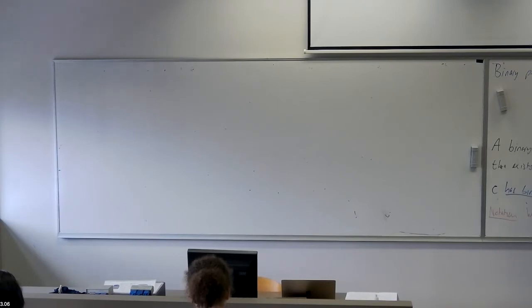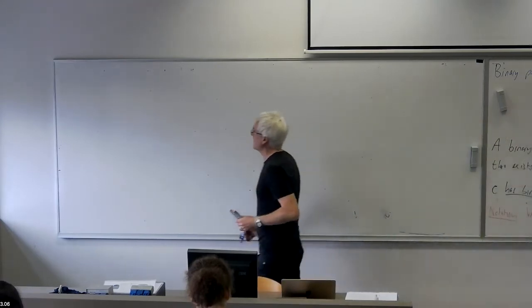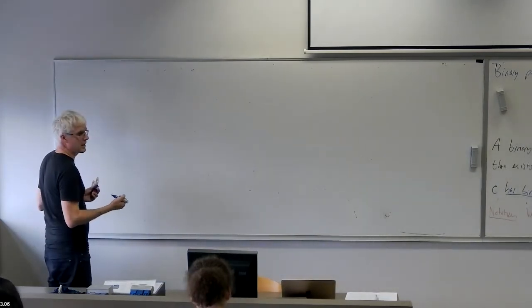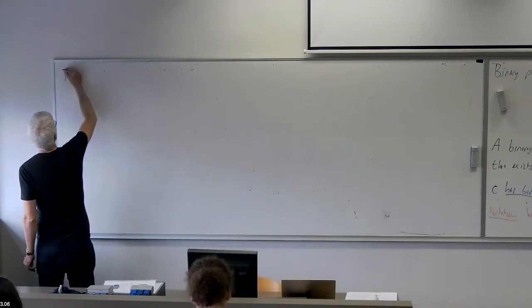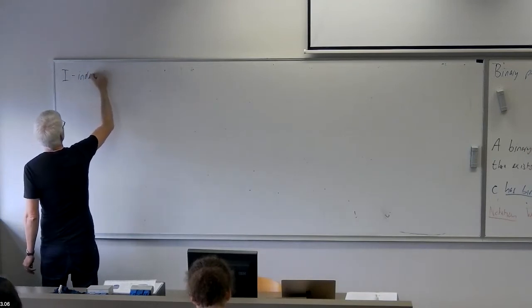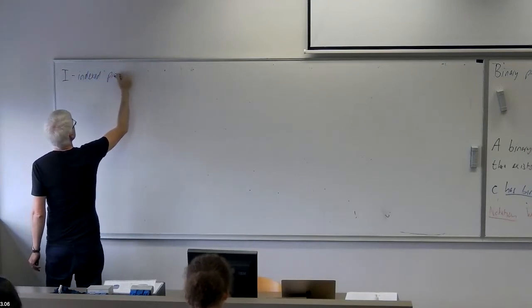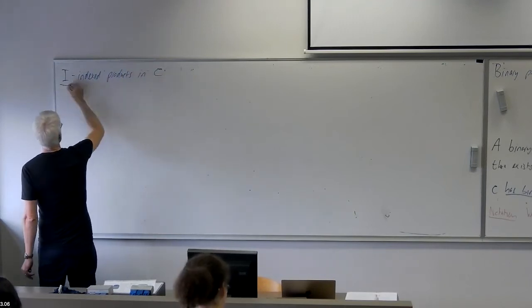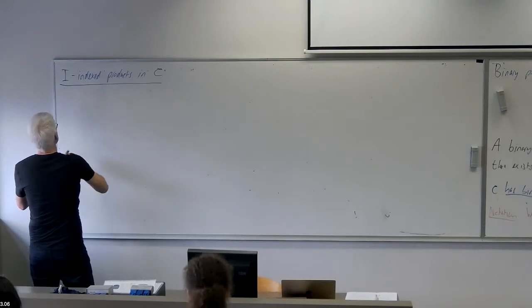Could be some finite collection, or it could even be an infinite collection of objects in the diagram. So the natural way to do that is to index the objects of the diagram by an indexing set I. So we're going to look at I-indexed products in a general category C. So I here is a set.